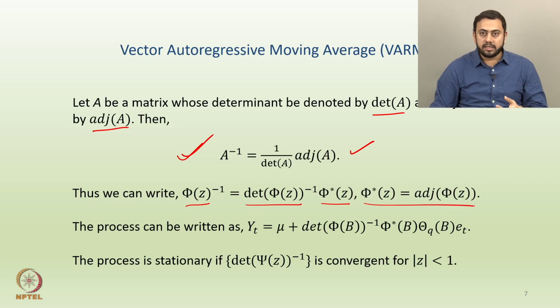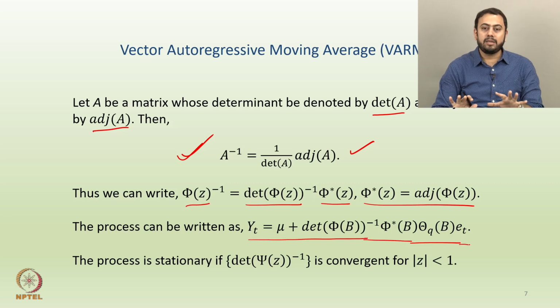Thus, if you go back to the earlier slide, I can write down the V-ARMA equation in this form. So yt is mu plus determinant of phi b inverse into the adjoint, phi star b, into the theta q b coefficient applied on Et.